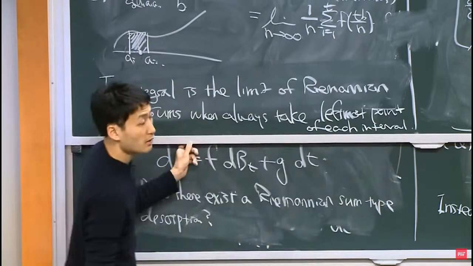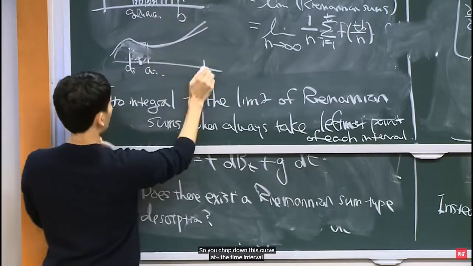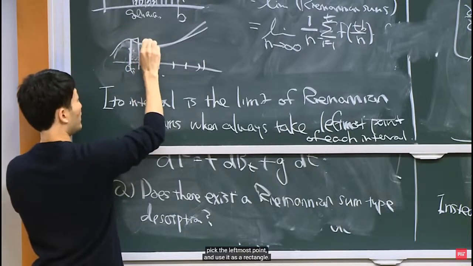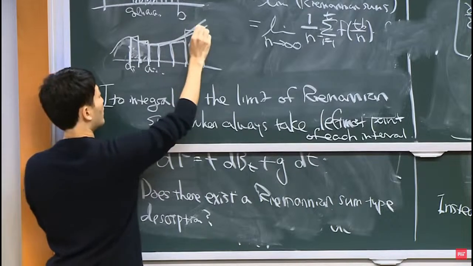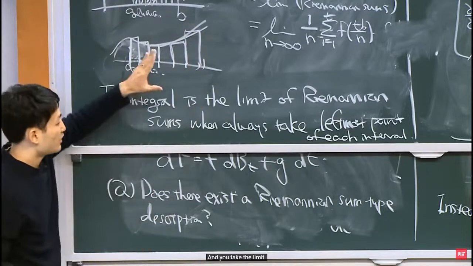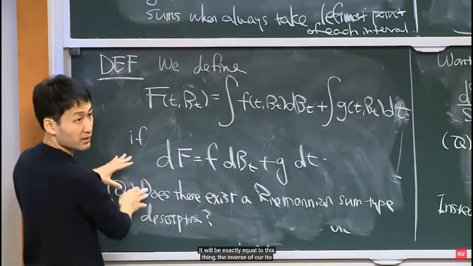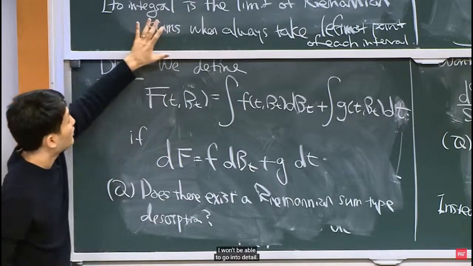So you chop this curve over the time interval into pieces, and for each rectangle, pick the leftmost point and use it as the height. You take the limit, and that will be your Itô integral. It will be exactly equal to the inverse of our Itô differentiation. I won't be able to go into detail.